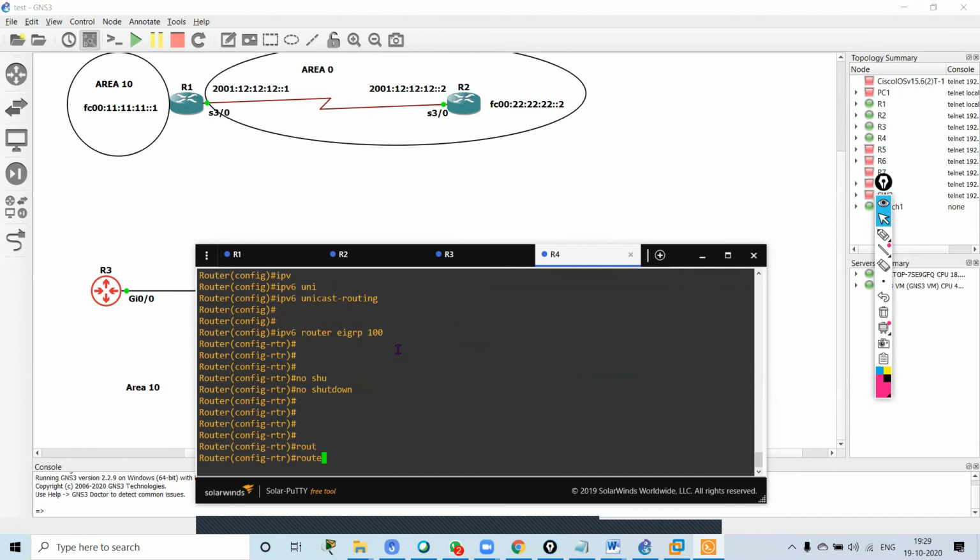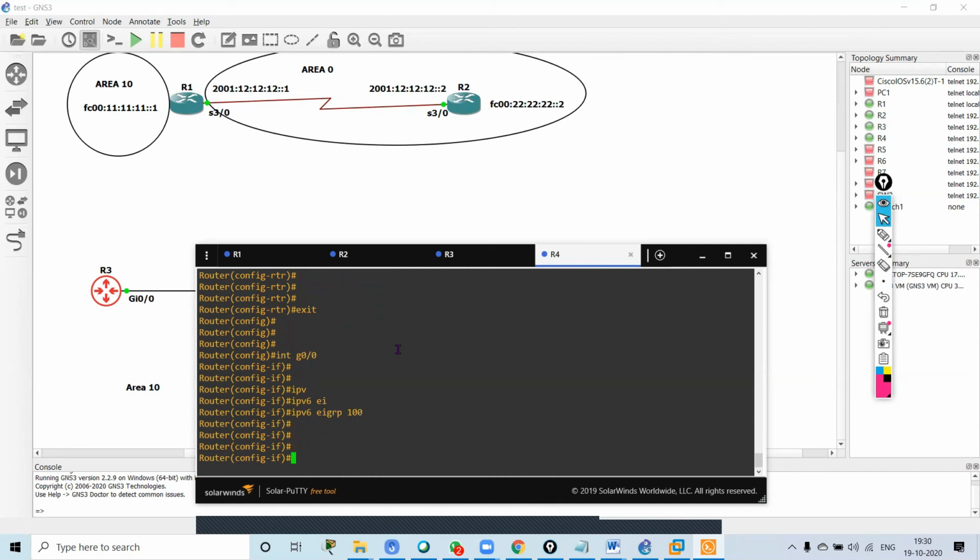Router ID 11.1.1.1, exit. Interface gigabit 0/0, that is connected to R2, IPv6 EIGRP 100.